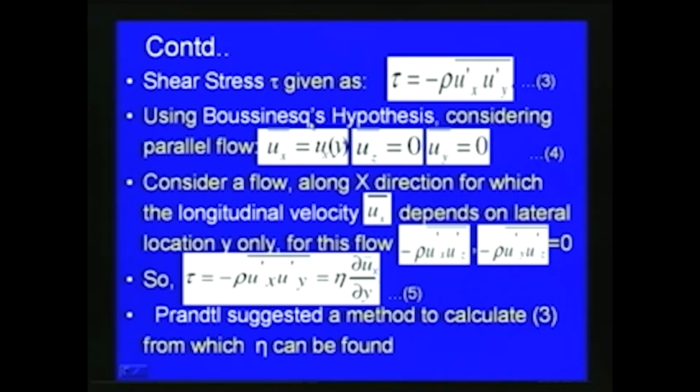And by using the Boussinesq hypothesis, by considering a parallel flow, Prandtl showed that this u_x bar can be written as a function of u_x(y), and he considered u_z bar equal to 0 and u_y bar equal to 0. So what he considered here is a parallel flow.